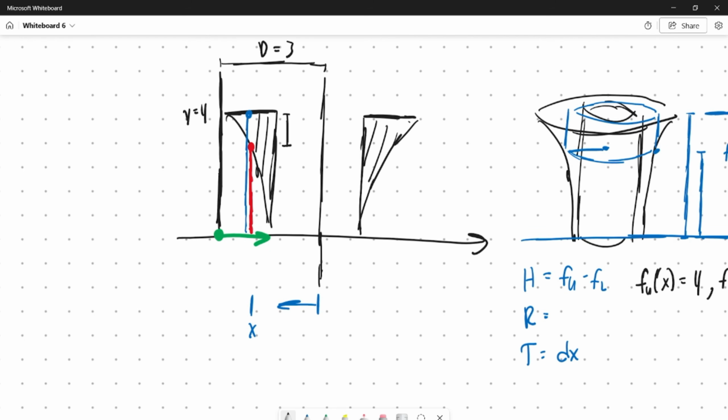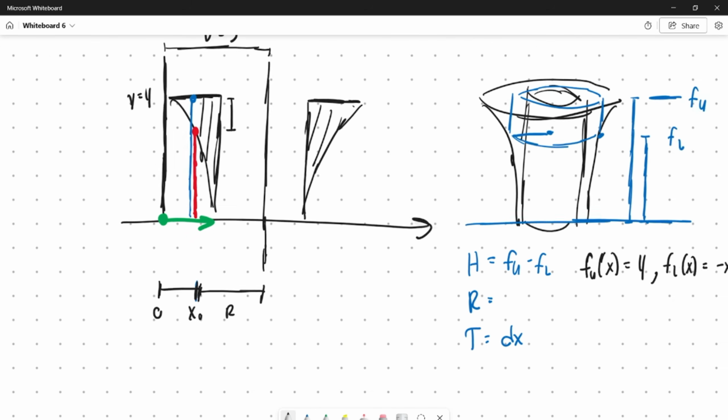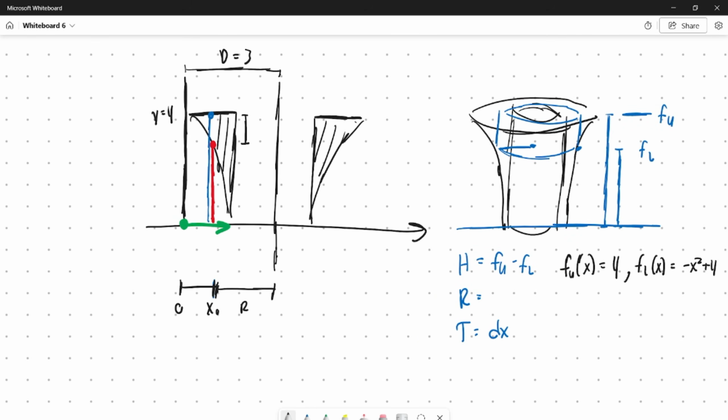And then I have a smaller distance here. Let's say that I traveled the distance from the origin to a distance x naught along the x-axis. Well then, that means I could define this part of the distance to be my radius. That means the radius here would be equal to the total distance, which is 3, minus the distance that I traveled from the origin, x naught.